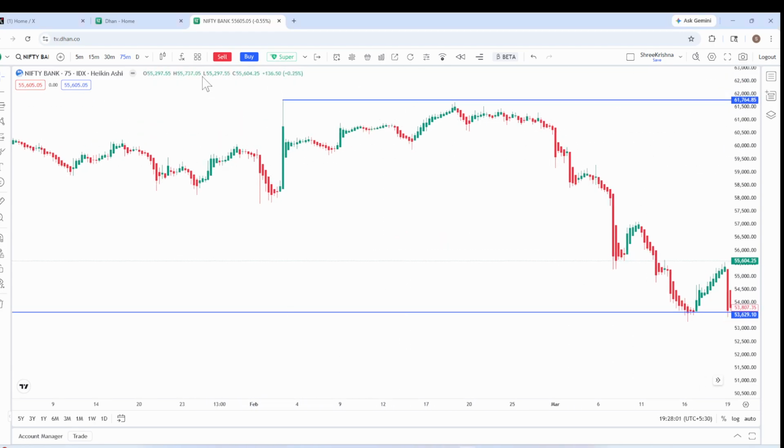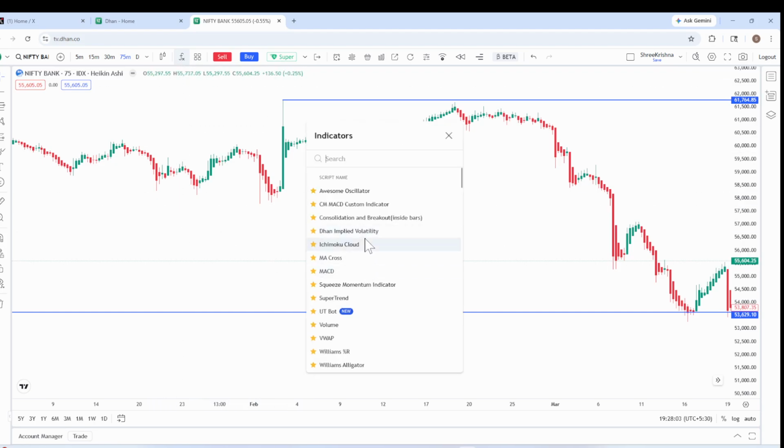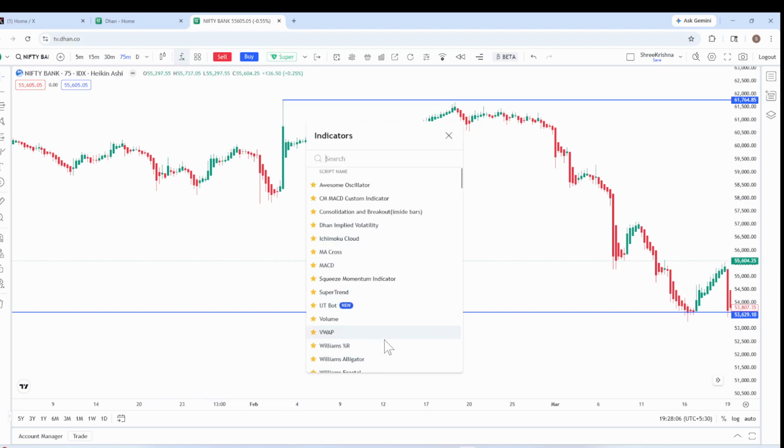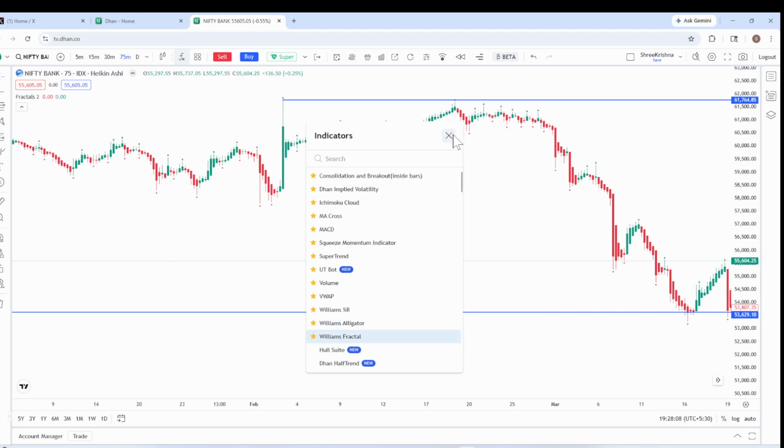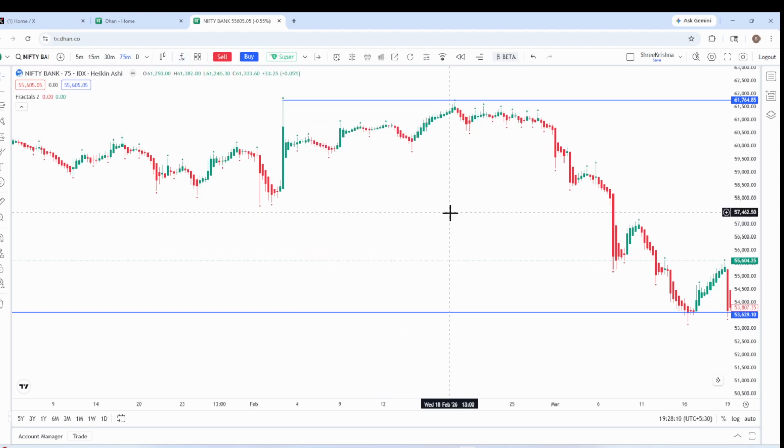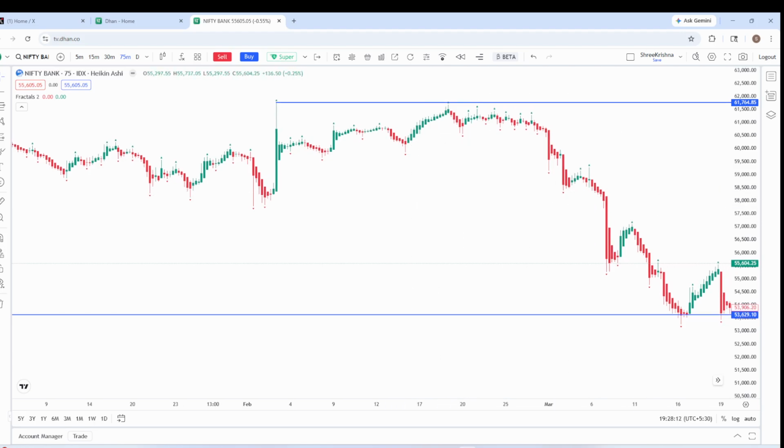We will use a fractal indicator for that. Okay, this is a fractal indicator. So whenever the first fractal fails to break, we consider this a break of the trend and it will go to the reference point.